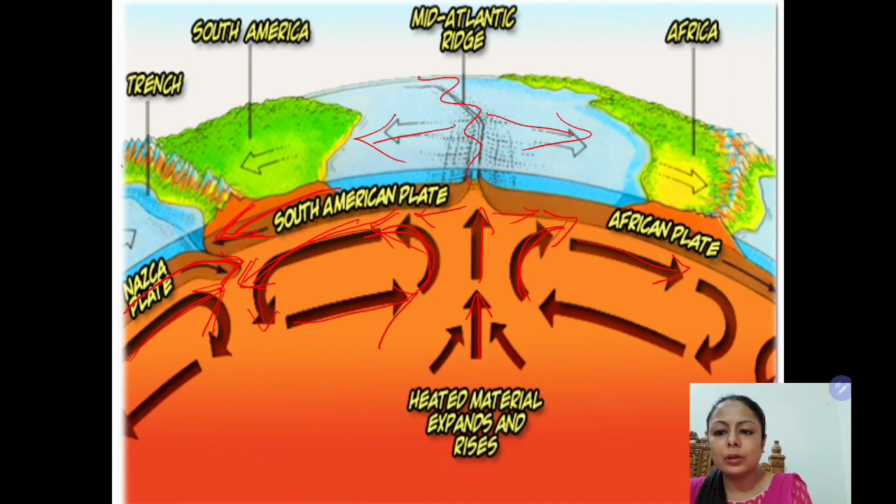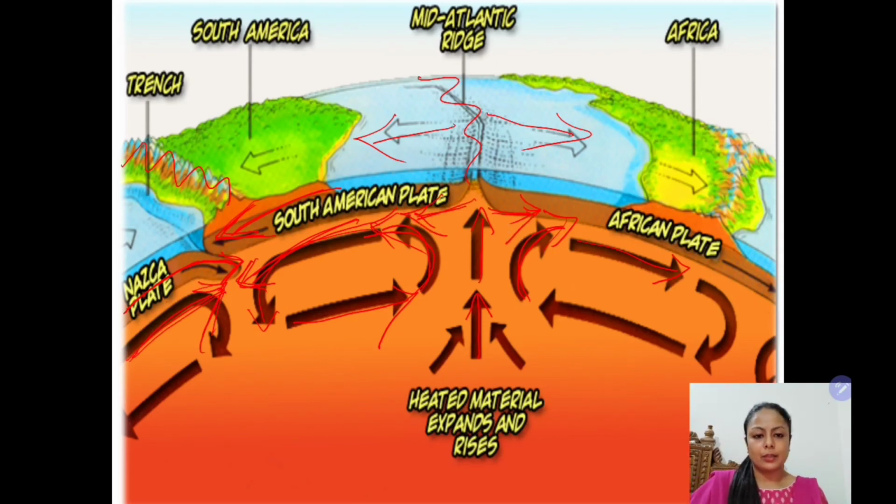So this is how fold mountains are formed. So children, the convectional currents sometimes converge, they come towards each other, and sometimes they move away from each other. And this is how the converging plate boundaries and the diverging plate boundaries are formed. So this is the reason why the lithospheric plates, or we can say the tectonic plates, move.